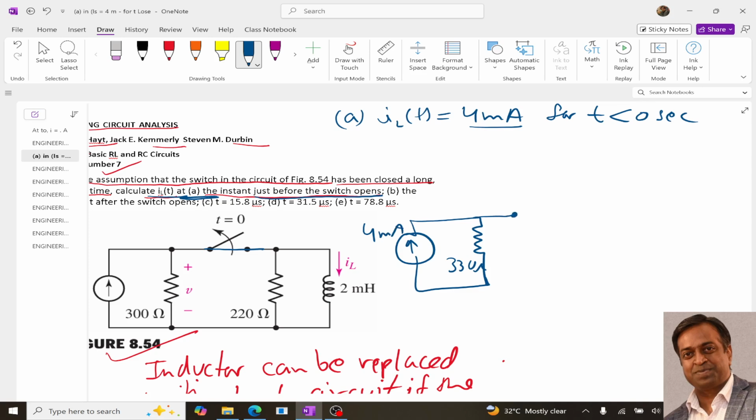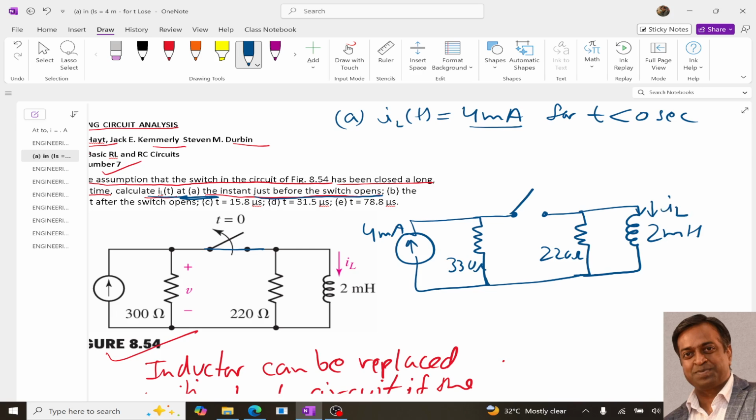Then we have this switch, and the position of the switch is this after opening. This is 220 ohm, and this is our 2 millihenry, and over here we have a current IL.